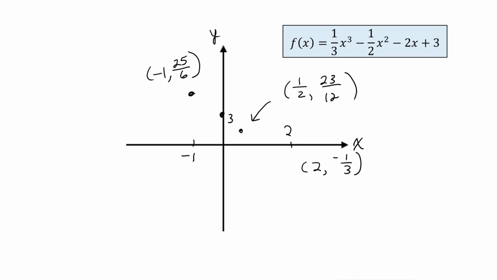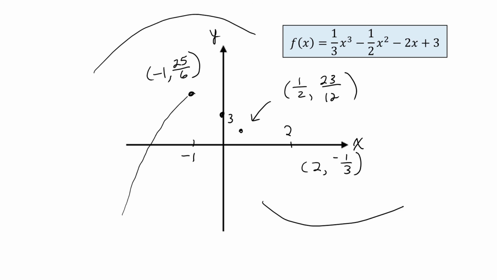Now let's remember what the concavity was. It was concave down to about 1/2 and concave up afterwards, so we'll make a graph fit. It's going to rise from the third quadrant to the max. We'll go through, and notice we're doing concave down.